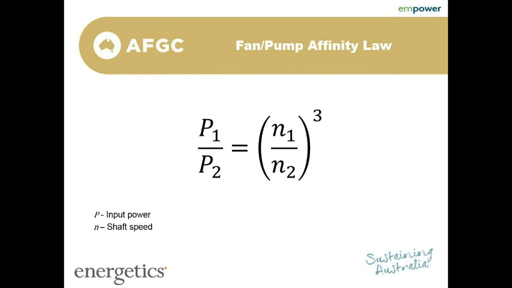So for a 50% reduction in speed, you require 1/8 or 12.5% of the power to achieve that. And there's also a quarter reduction in the torque.